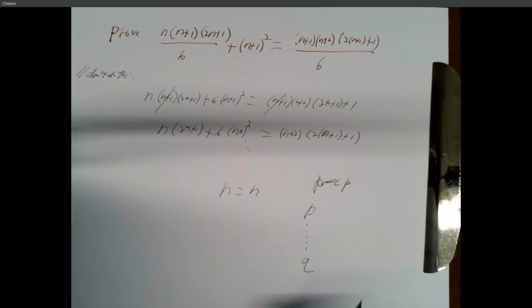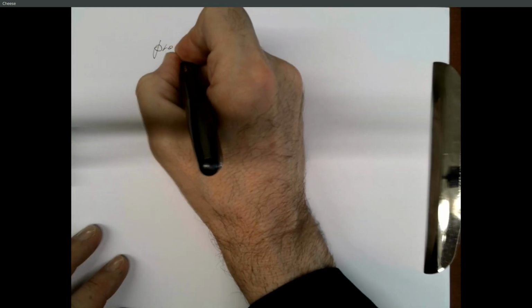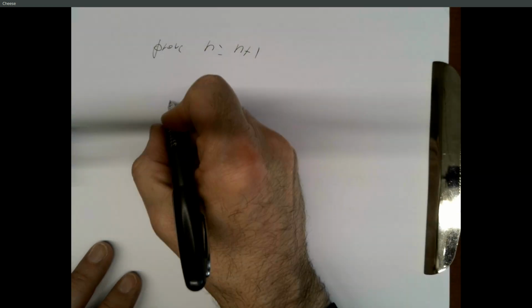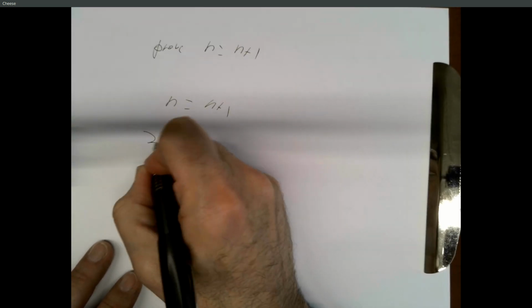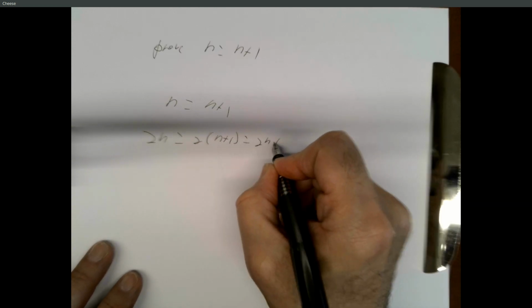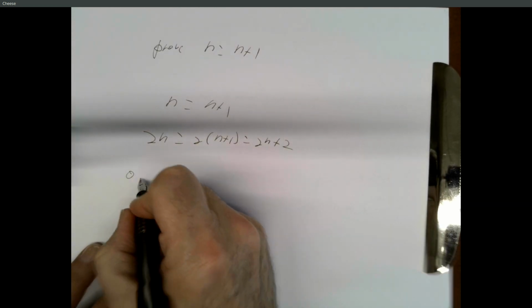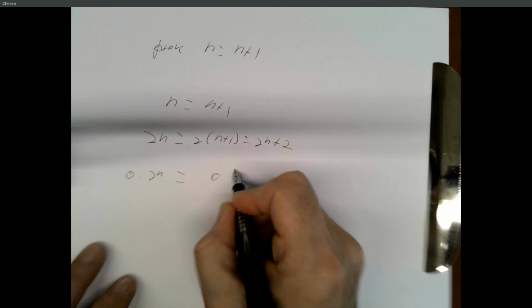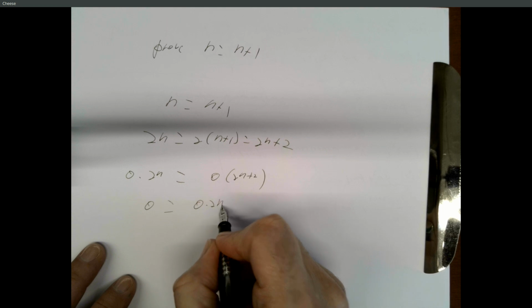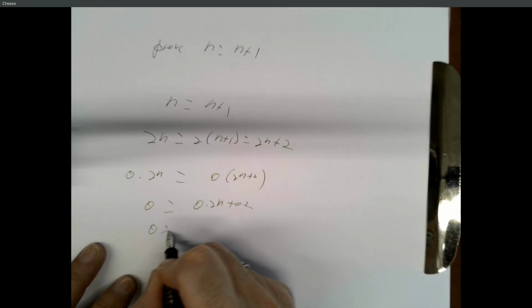Right? And the sillier example of this is, you know, prove n equals n plus 1. Well, I can say n equals n plus 1, and 2n equals 2 times n plus 1 equals 2n plus 2, and 0 times 2n equals 0 times 2n plus 2, and 0 equals 0 times 2n plus 0 times 2, 0 equals 0.